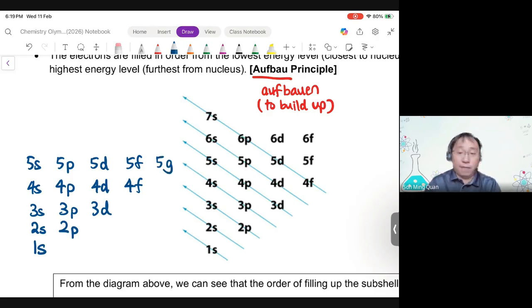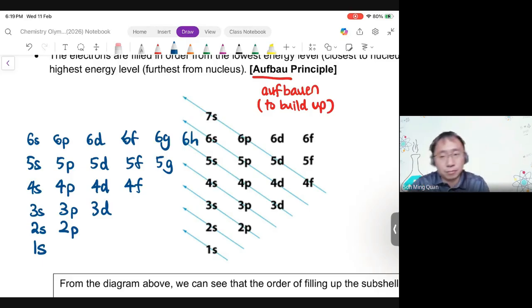After f, it follows the alphabetical order. So f, then g. 6s, 6p, 6d, 6f, 6g, 6h. All right, so today we only need up to 6. Thankfully, we only need up to 6 shells.